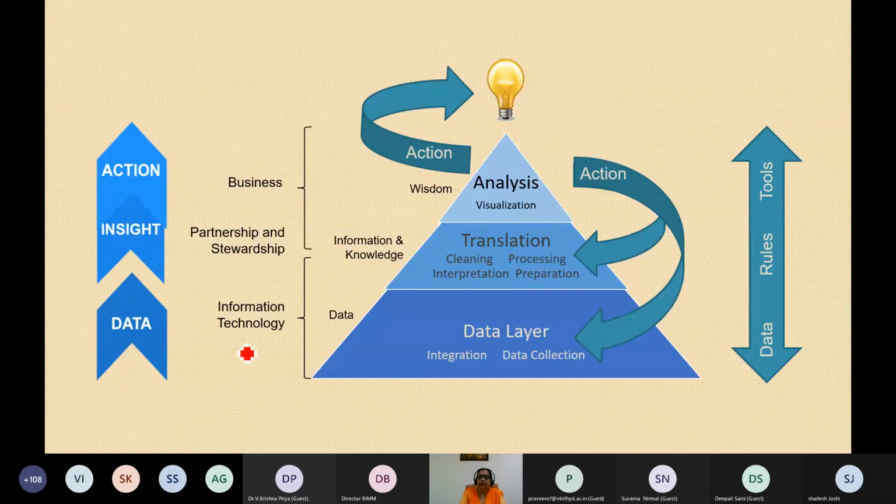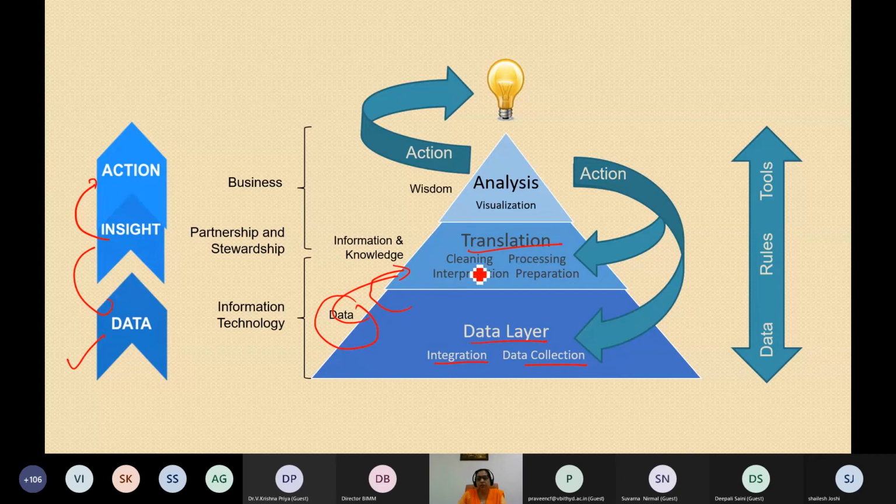So let's say you start from data, gather some insights, and finally you take some actions. The first thing is the data layer, where you are integrating and collecting the data. Then you are translating the data, that is, information converted into knowledge.